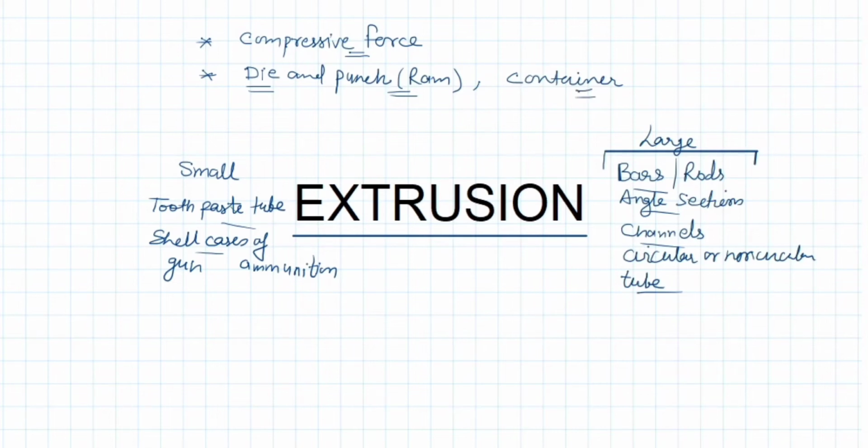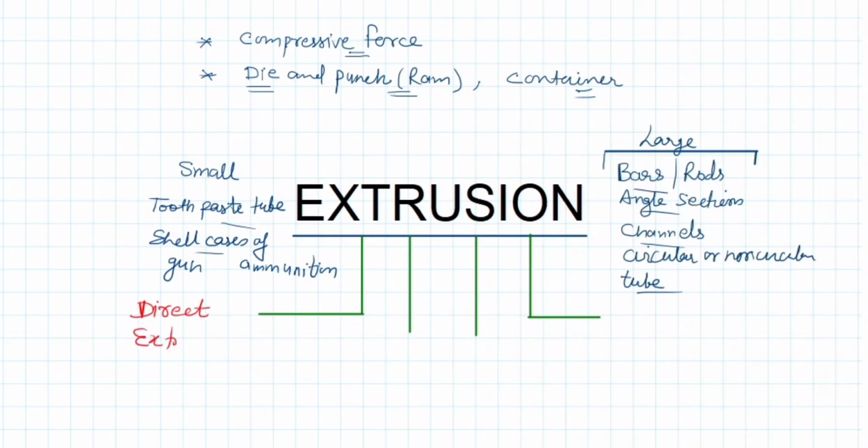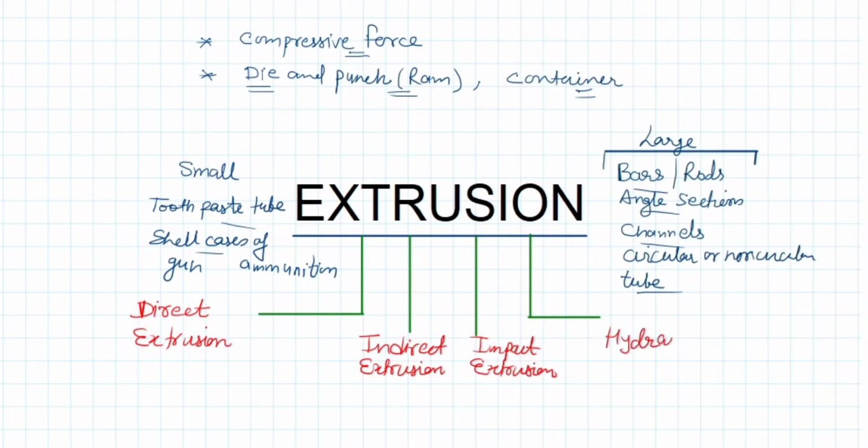We have a classification of extrusion process, the types of extrusion process. The first extrusion process is the direct extrusion, second is indirect extrusion, third is impact extrusion, and the fourth is the hydrostatic extrusion.